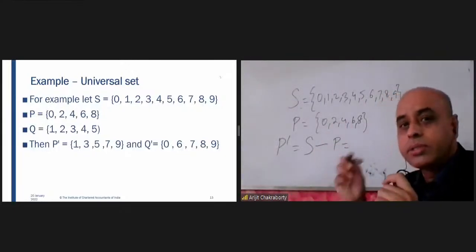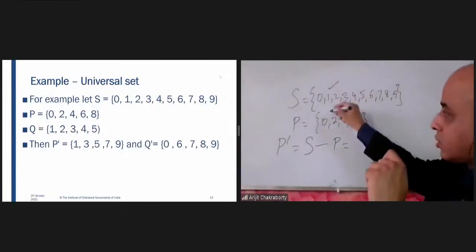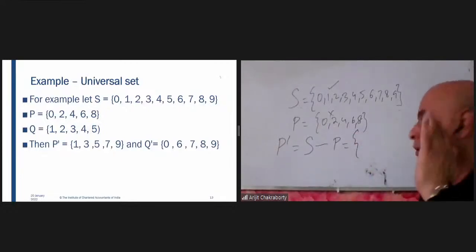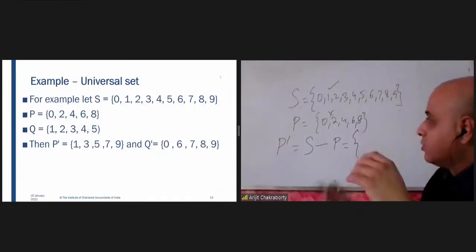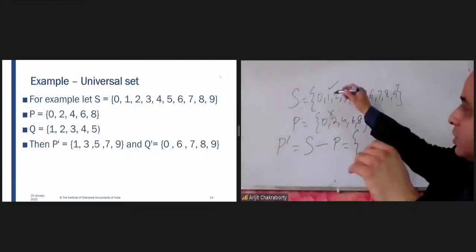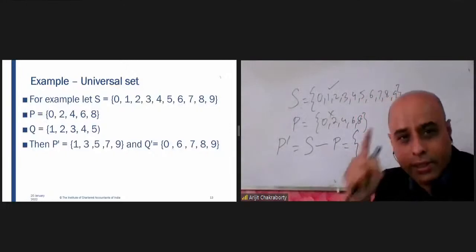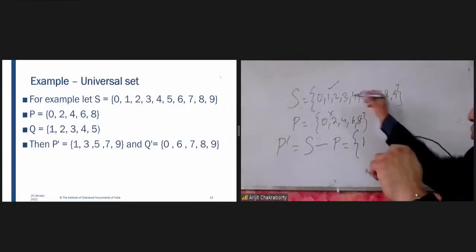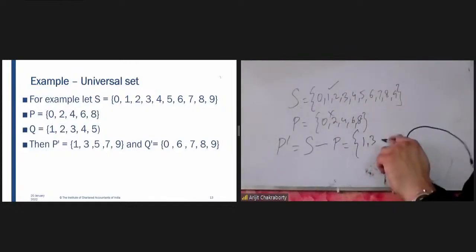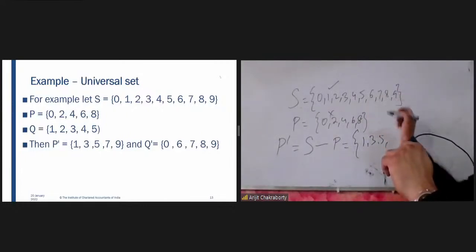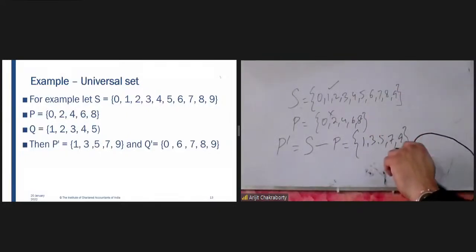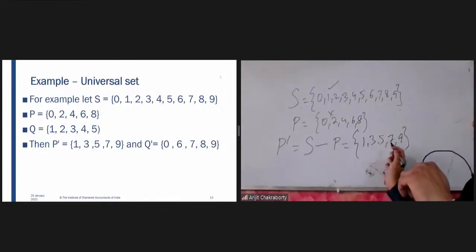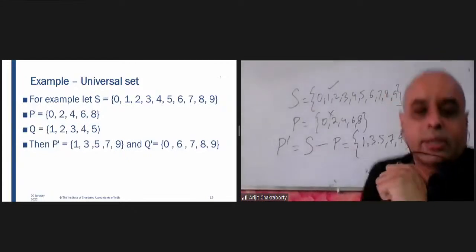You have to find out all those elements which are there in S but not there in P. So I will take those elements which are there in S but not there in P: 1, 3, 5, 7, 9. So this P dash is equal to S minus P, which is 1, 3, 5, 7, 9. So you can call it a complementary set.